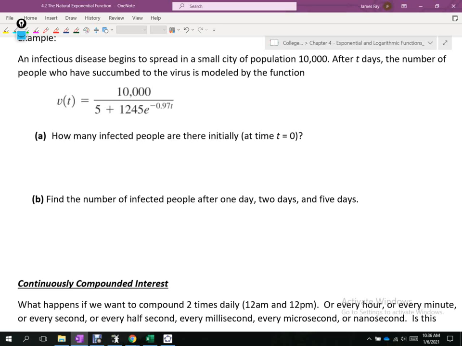It says an infectious disease begins to spread in a small city with a population of 10,000 people. After t days, the number of people who have succumbed to the virus is modeled by this function. So we've maybe collected data on these 10 days. We've collected data after t days.